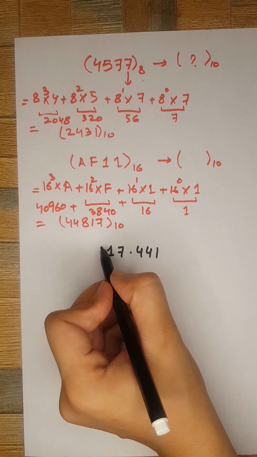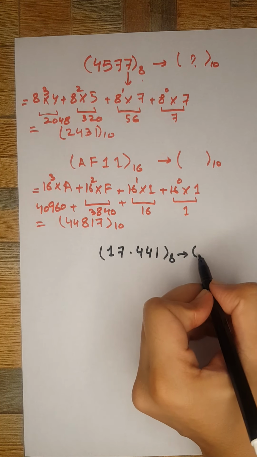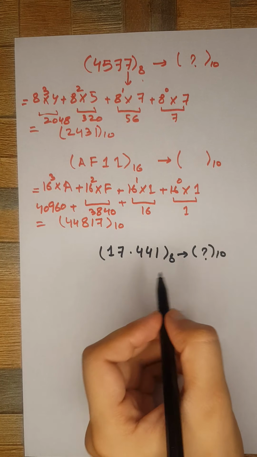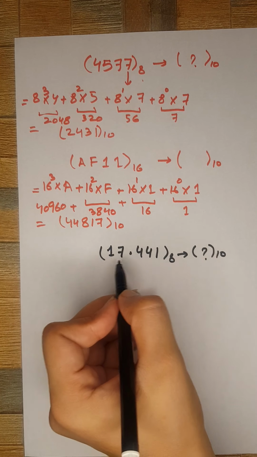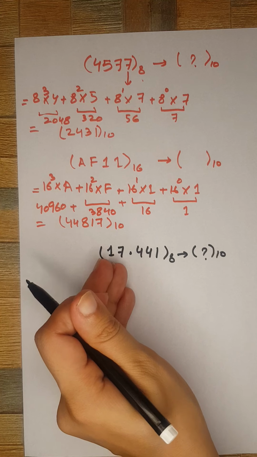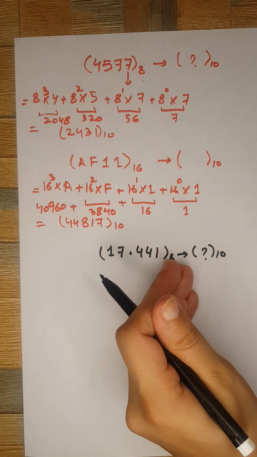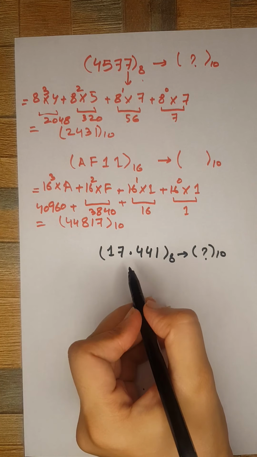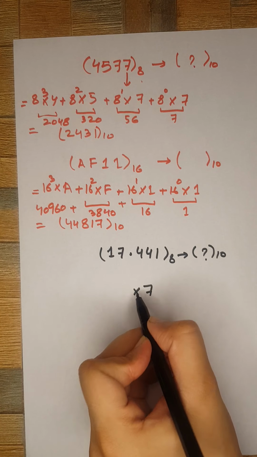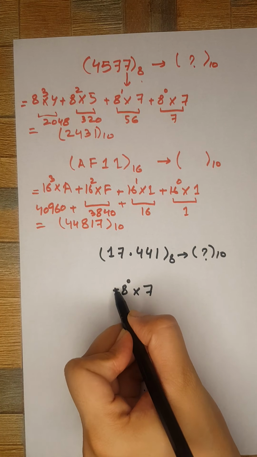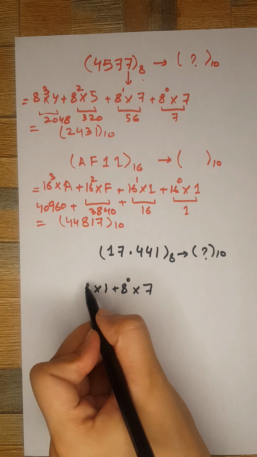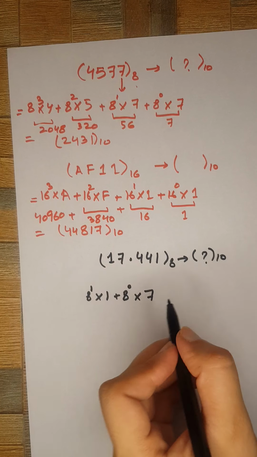Fine. So let's convert this octal number into a decimal number. We will do the same procedure for the non-fractional part, and then we will do the fractional part as well. So 7 multiplied by 8 raised to power 0 plus 1 multiplied by 8 raised to power 1. So we are done with the non-fractional part.